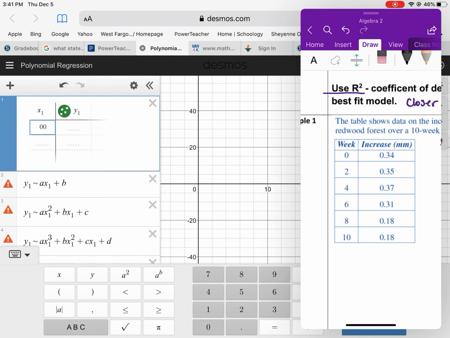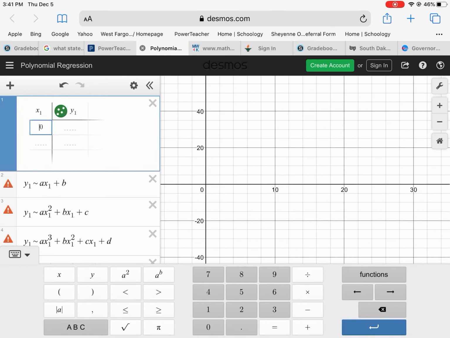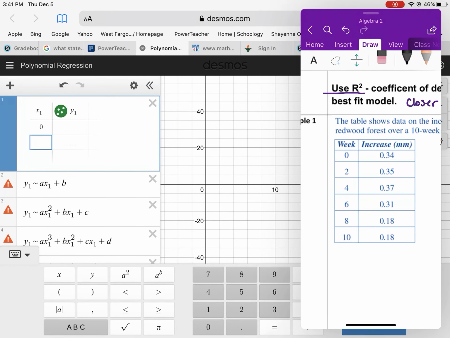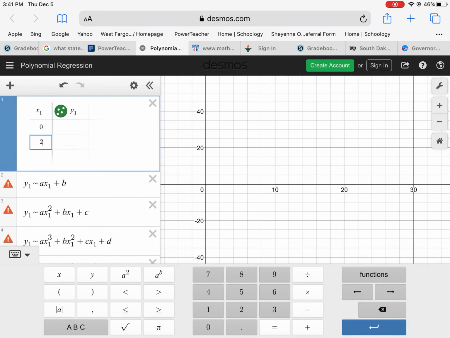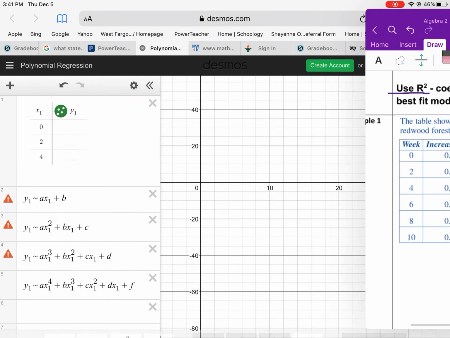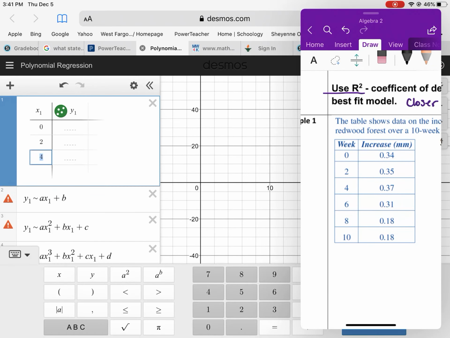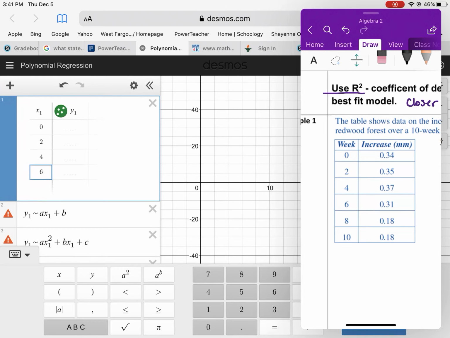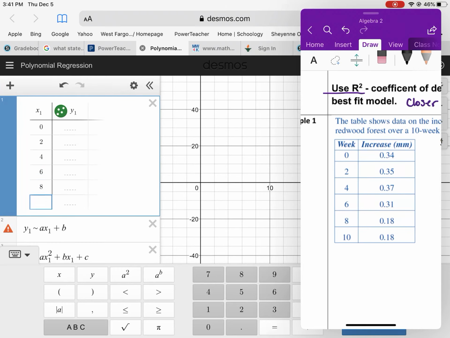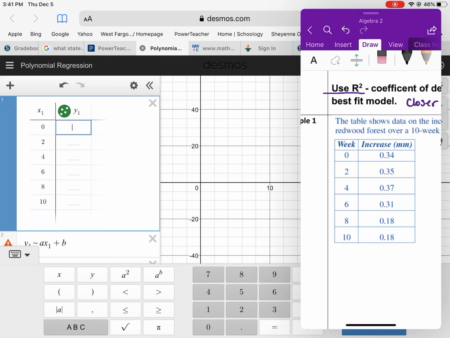So 0, 0, then 2, 4, 6, 8, and 10, and then put the y values in, 0.34, 0.35, 31.